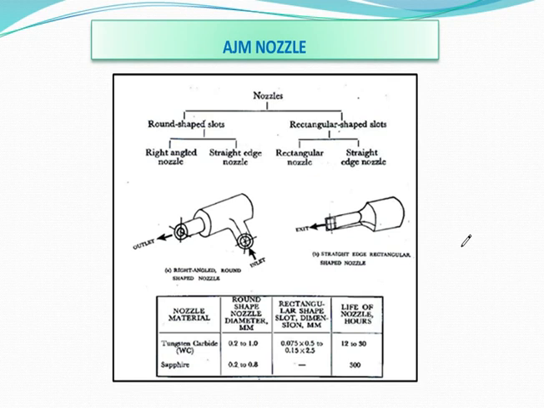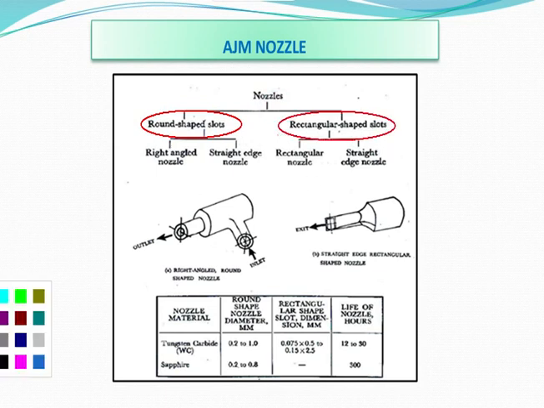Nozzle is made with either circular or rectangular cross section, and the head can be straight or right angle. You can see the nozzles are basically of a round shaped slot, and another is a rectangular shaped slot.